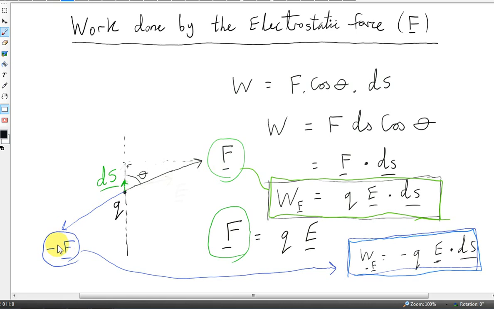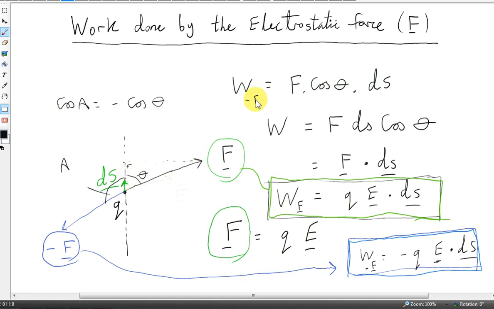To see that this makes sense, to get the work done by minus F, we need the component of minus F in this direction here. That's obtained by multiplying minus F by the cos of the angle between the two vectors. If we call this angle A, then the cos of A is the same as minus cos theta, because A plus theta is 180 degrees.